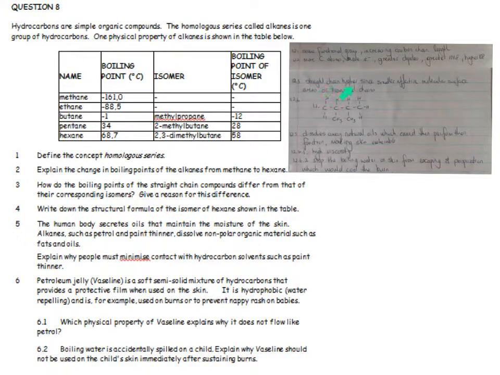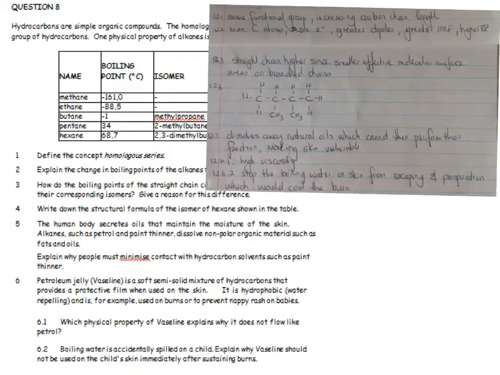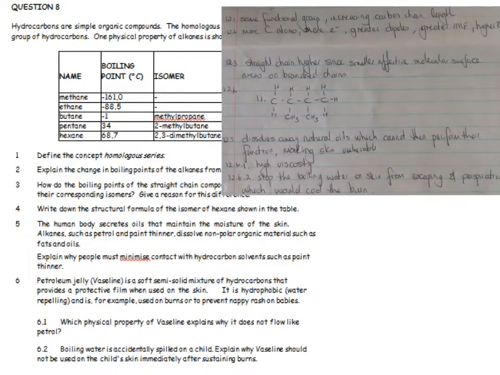Why is that? Straight chains have higher boiling points because there's a smaller effective molecular surface area on the branched chains. So in other words, when I've got a greater surface area, I will land up with a greater boiling point, which is true of the straight chain. Talked about that a minute ago.